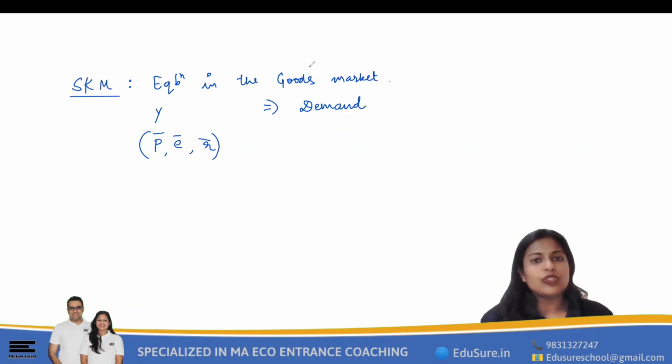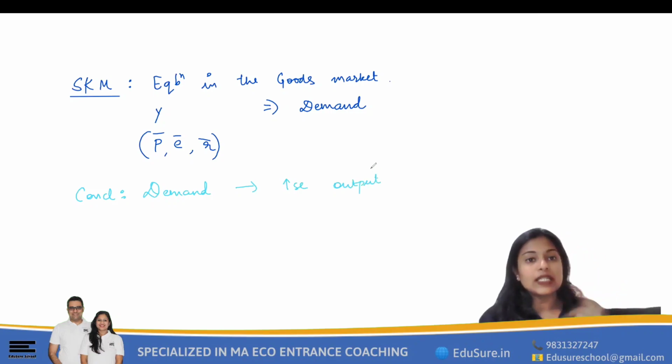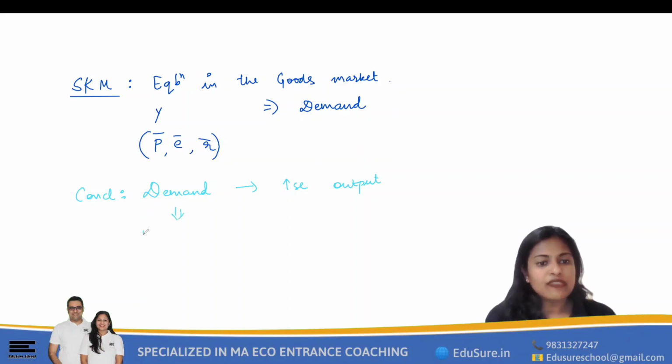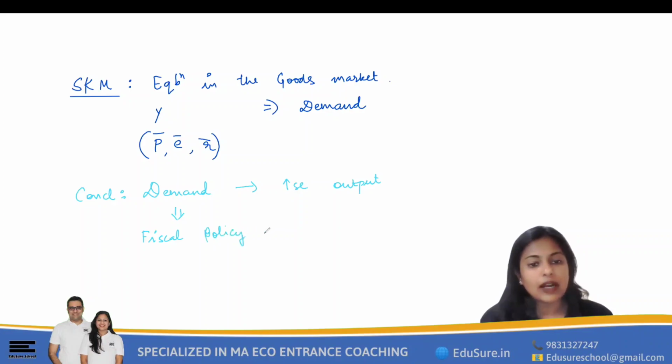In conclusion, we saw that an increase in demand leads to an increase in output, and hence we looked at fiscal policy, sorry, not monetary policy, just fiscal policy, as a means to increase demand. So this is what we did in the simple Keynesian model.